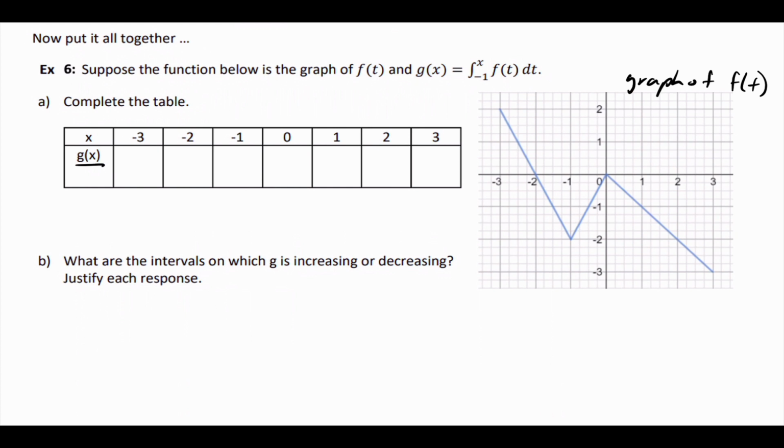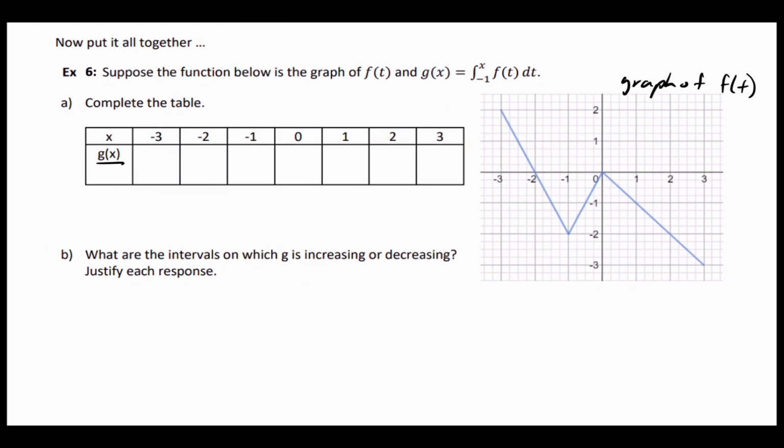So the first thing I'm going to do is plug in negative 3 for x. Oops, not f of x, f of t. I've got to figure that out first. So from negative 1 to negative 3.